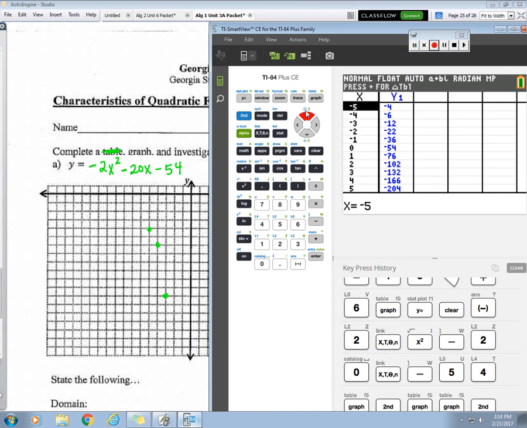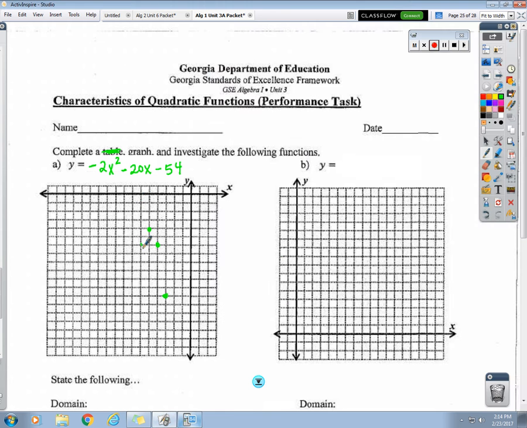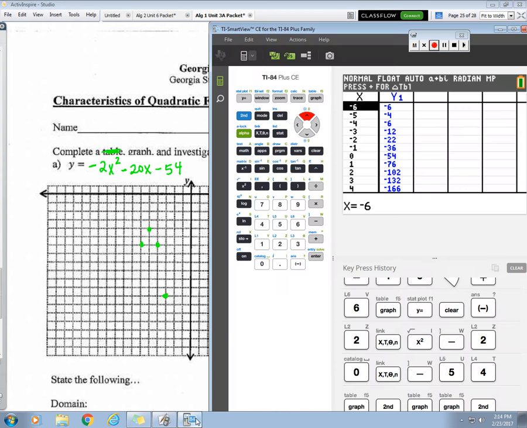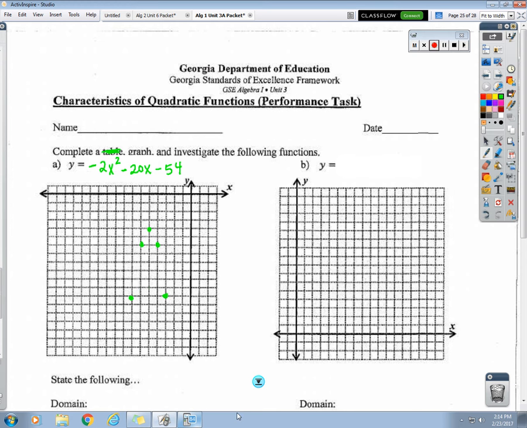Okay, then another nice point is negative 6, negative 6. So left 6, down 6. And then negative 7, negative 12 would be left 7, down 12. Okay, so 5 points is sufficient. Now you can connect those 5 points to make your parabola.